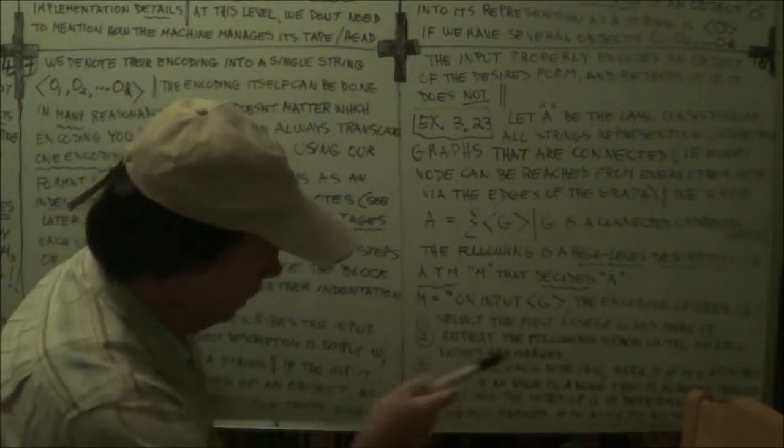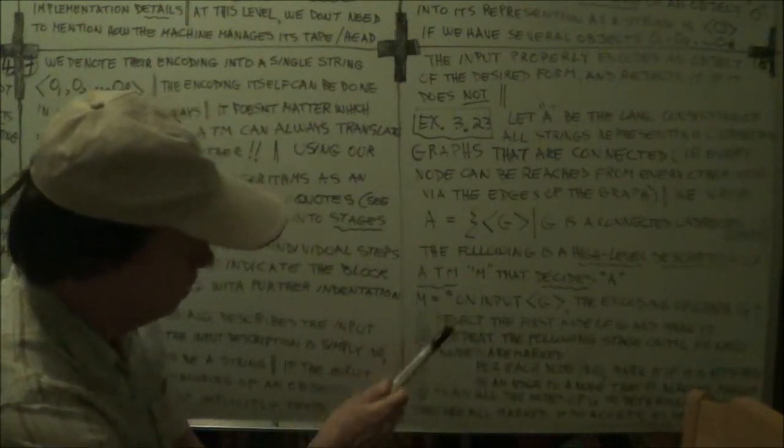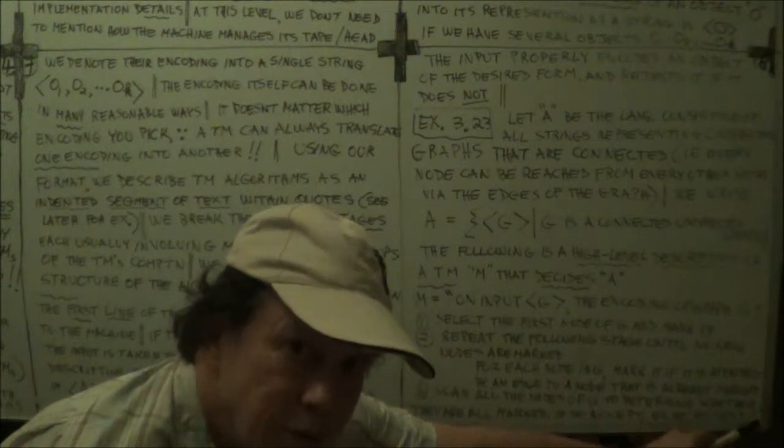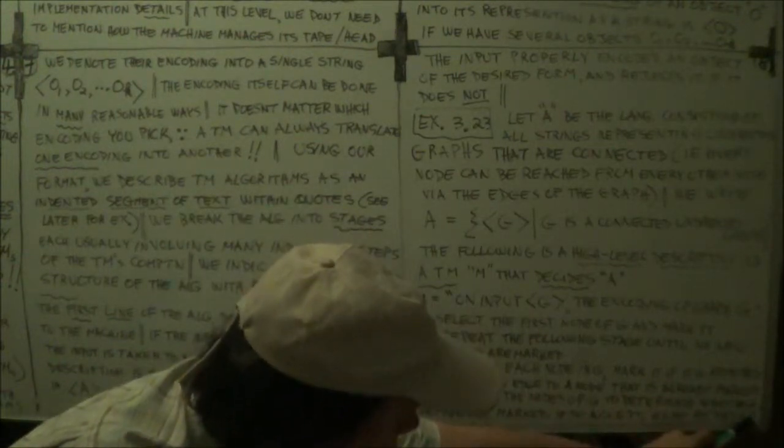Okay. So here's an example of a description of an algorithm, a Turing algorithm. You just have English text, indented. The whole description starts with a double quote mark. I can see it down here, at the very bottom, you have the end quote, the double quote mark.